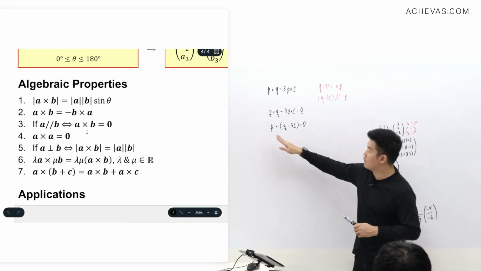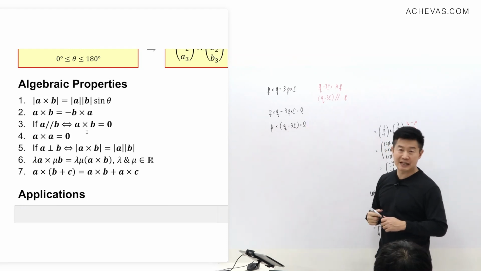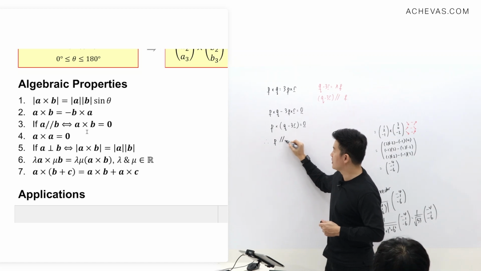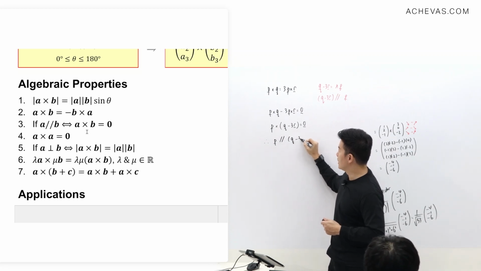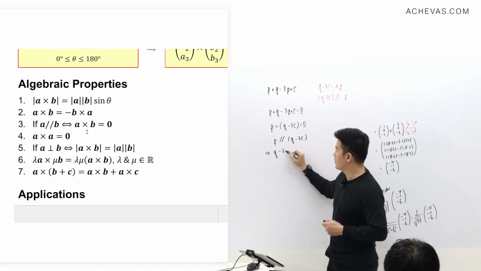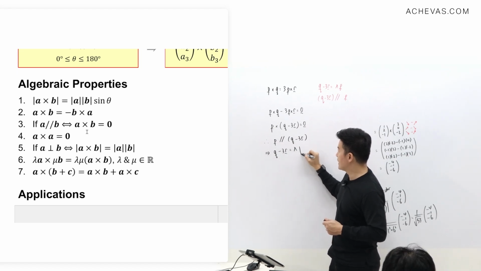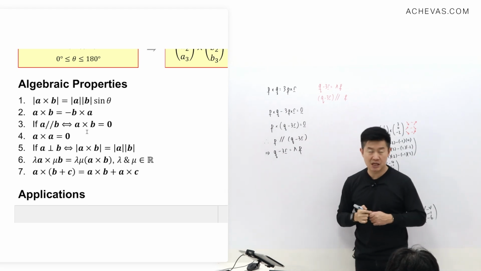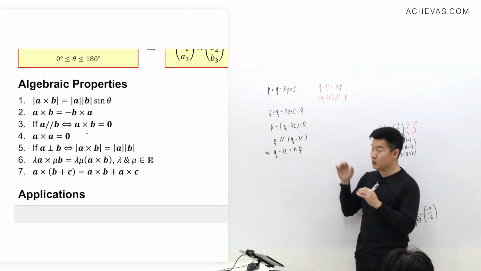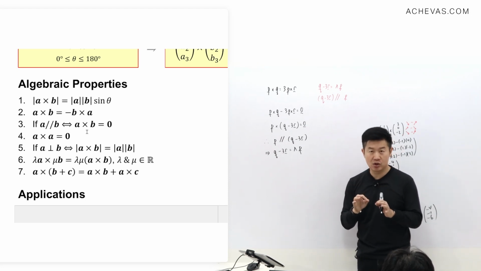Number 3 says that if one vector cross another vector is a 0 vector, this tells me that P is parallel to Q minus 3R, which implies that Q minus 3R is equal to a scalar multiple of P. Like what I was telling you, I don't find this question easy at all.